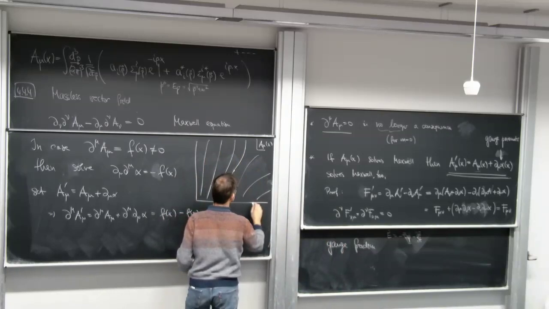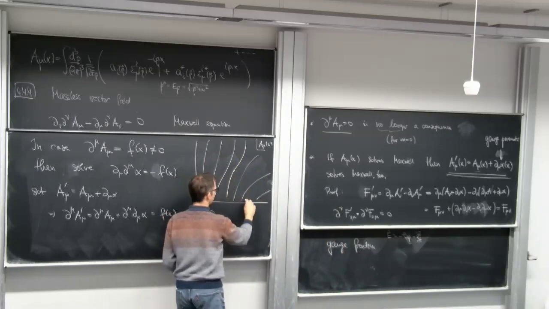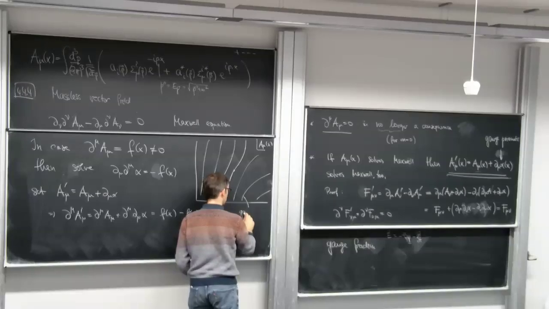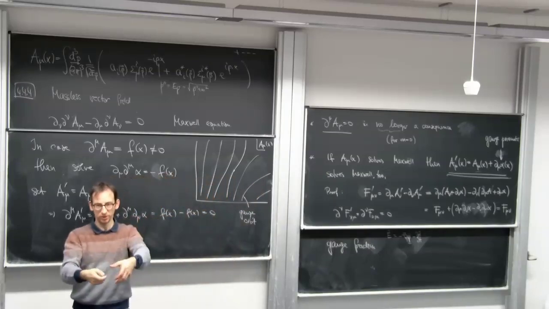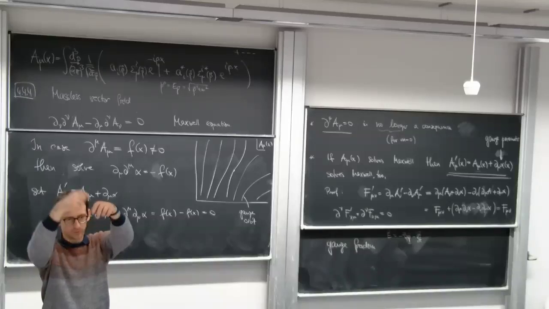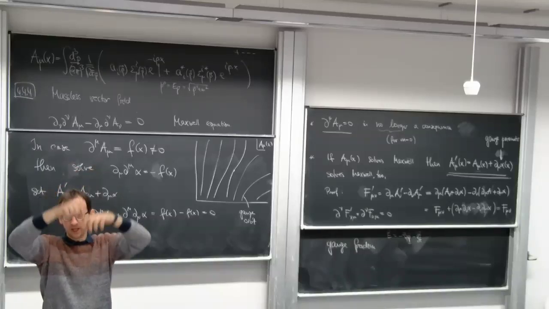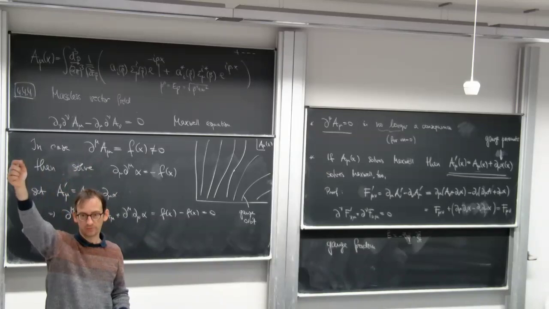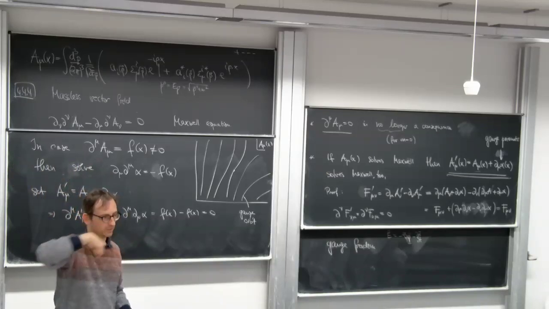These lines are called, by the way, gauge orbits. This is a gauge orbit. If you start with a certain vector field, and you do all the possible alphas, all the transformations you can, what you can reach is your orbit, like around the Earth.